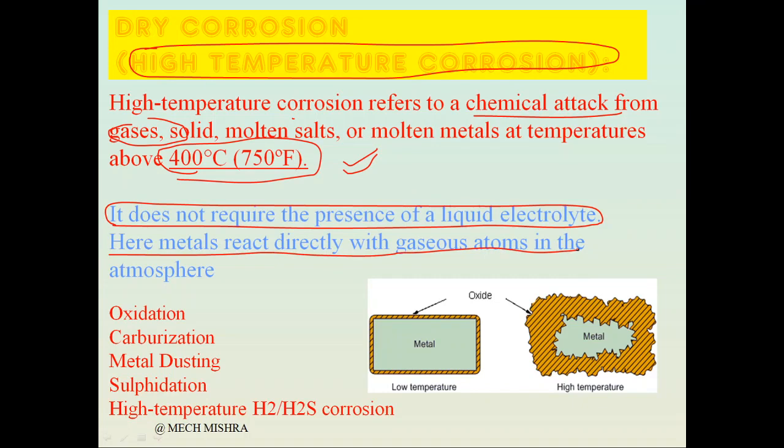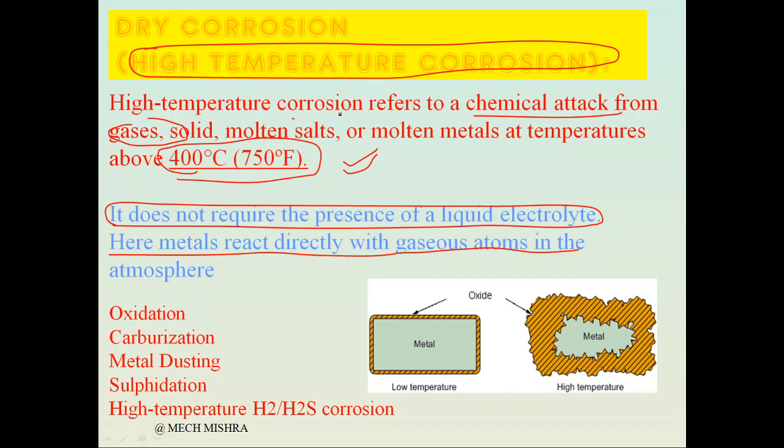If oxygen is there in the atmosphere, it will form oxide, if carbon is there, it will go for carburization, and if sulfur is there, it can go for sulphidation. And further, HTHA, high temperature hydrogen attack, is there.